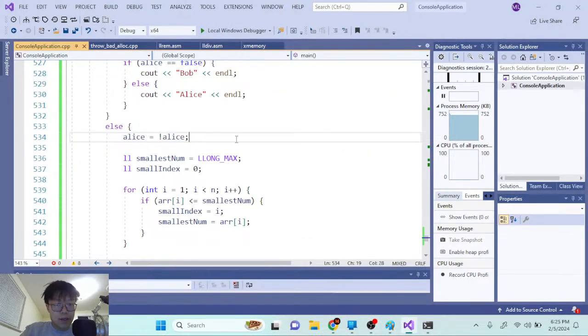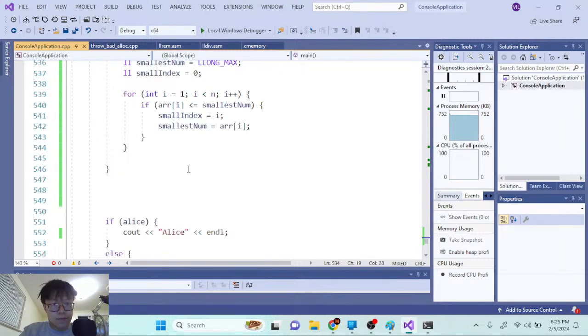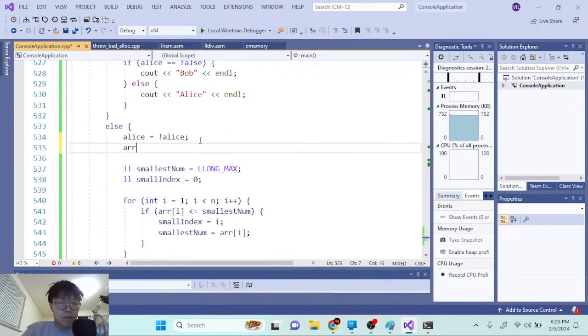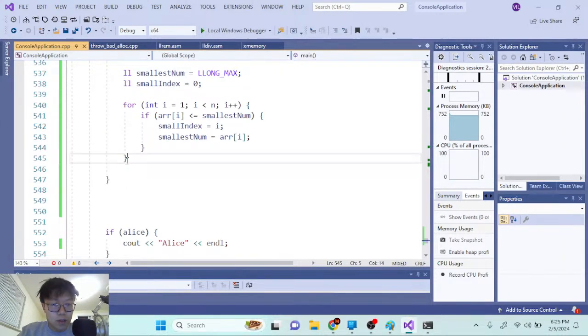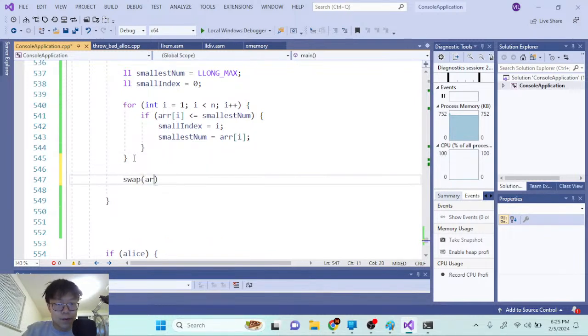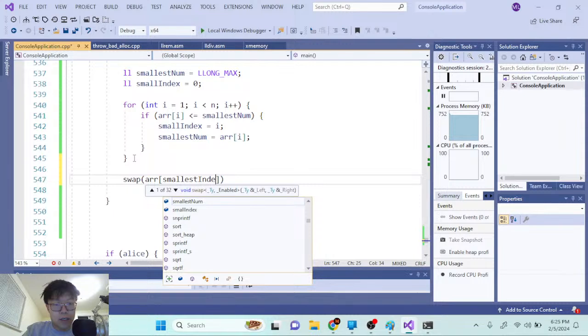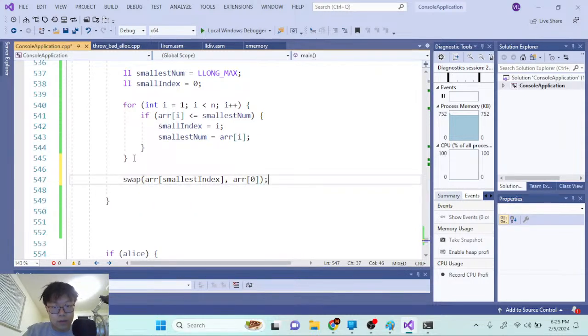Let's see. R0 minus minus, find the smallest number, loop through it. Then we swap R at smallest index with R at 0. Why can I not do this? Oh, small index. Yeah.